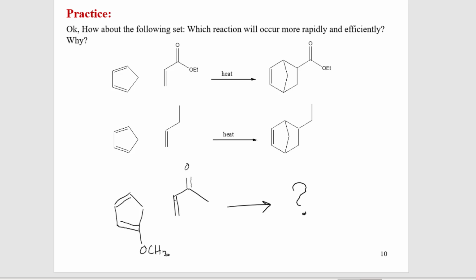Okay, so for the first one, you have to say which one you think will react more rapidly or efficiently. And in the second one, I want you to practice your regioselectivity for the reaction given.